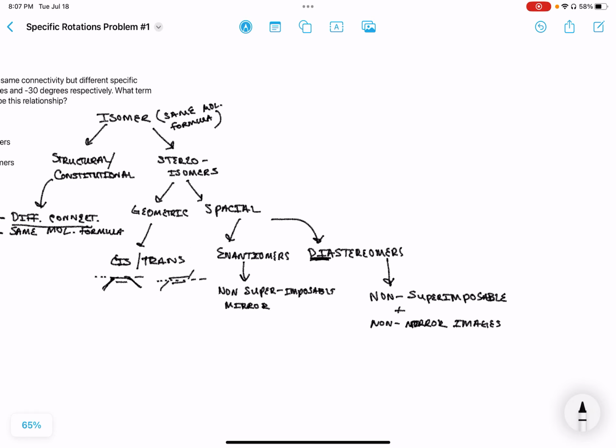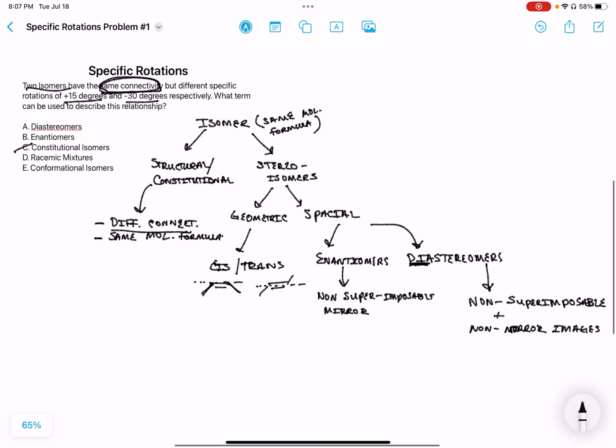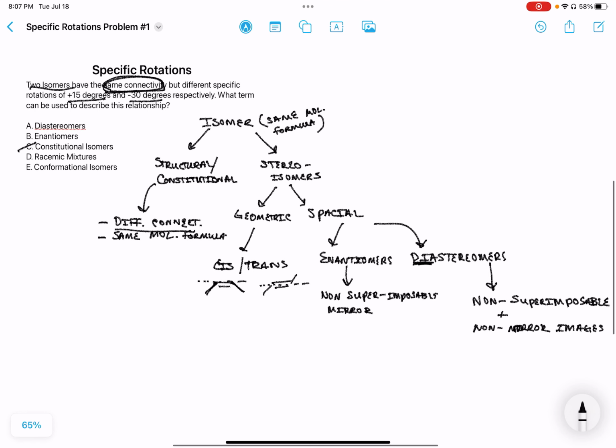Now let's go back and look at the problem. It's telling us we have specific rotations of positive 15 degrees and negative 30 degrees. That's the other clue here.